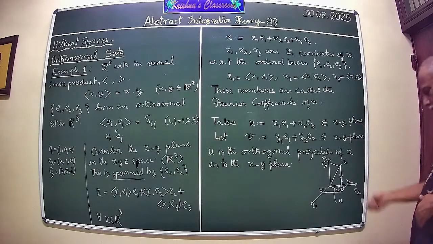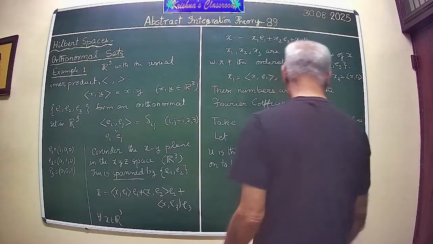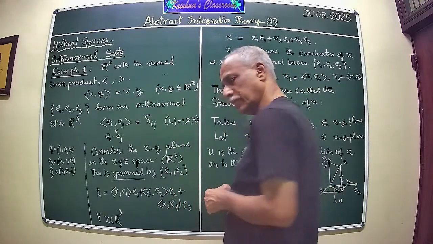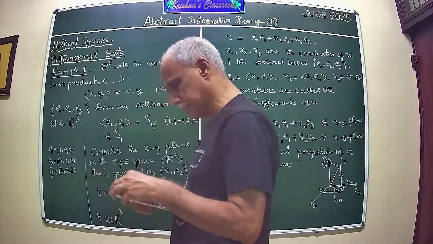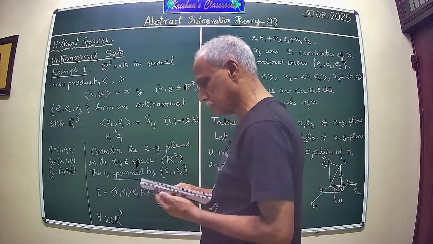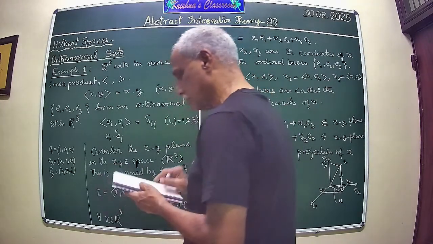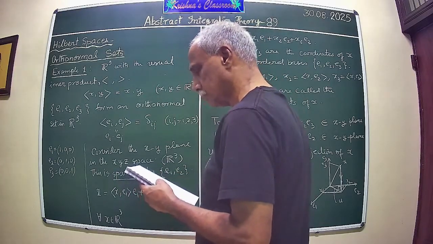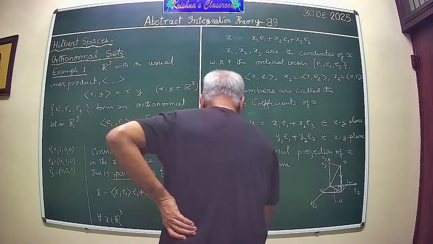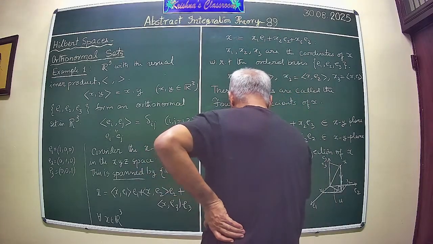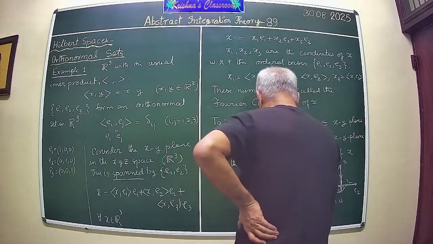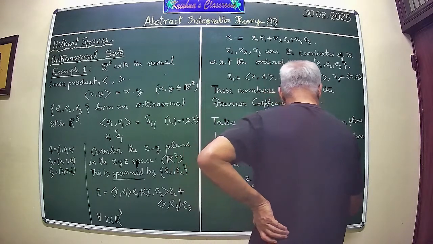Now what you can immediately see, it's not difficult to see at all, is that the norm of x minus u squared is certainly less than or equal to the norm of x minus v squared.